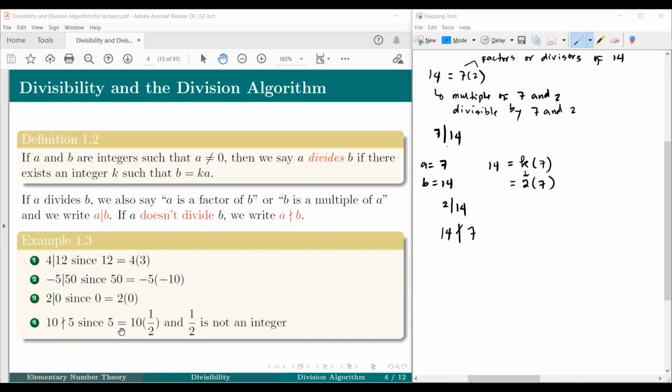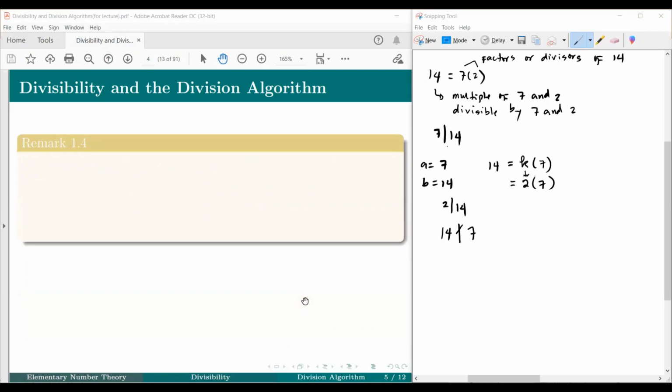Since 5 is equal to 10 times 1/2, here k is equal to 1/2. We can only get 5 if we multiply 10 by 1/2. Take note of that. And k here, which is equal to 1/2, is not an integer. Now notice in our definition here, k should be an integer. So 10 does not divide 5.